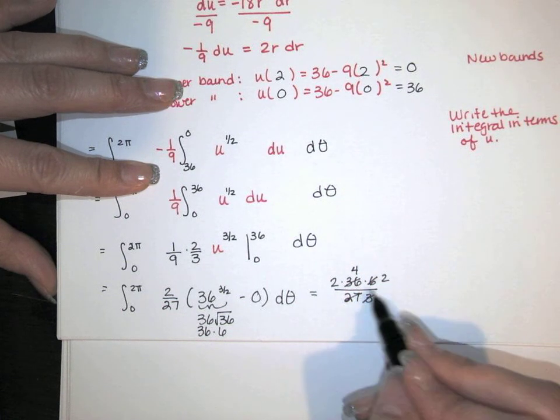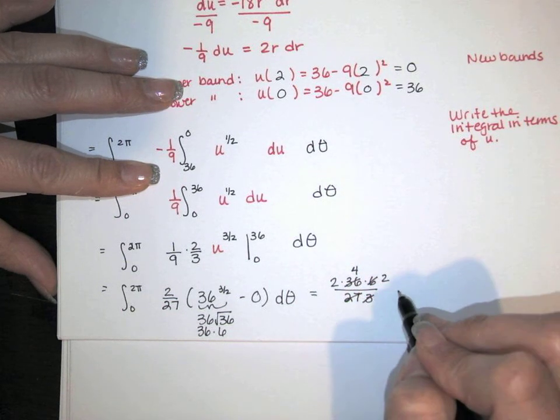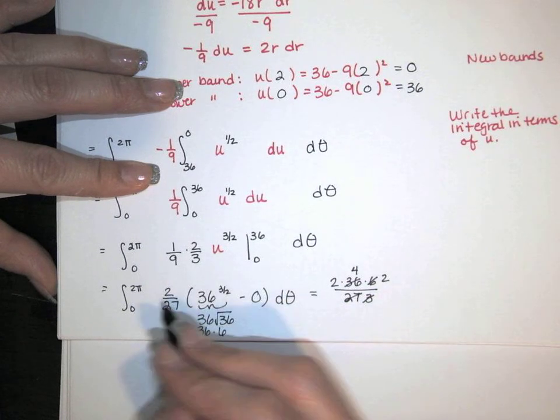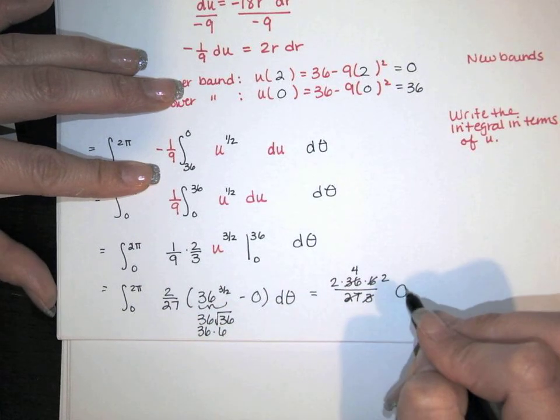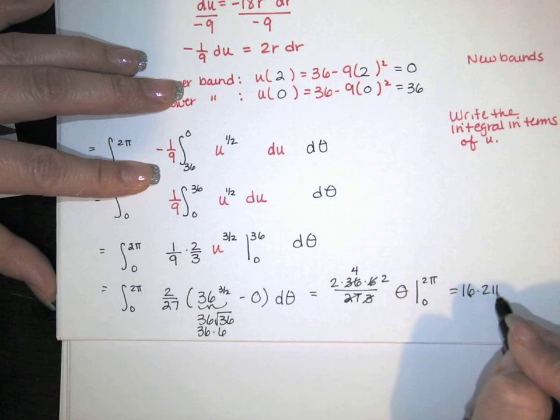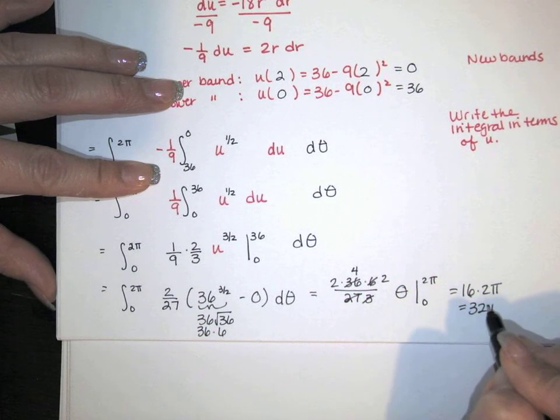So what do we get? Is that 4 times 4 is 16? So we have 16, and the antiderivative of a constant with respect to theta is that constant times theta. We evaluate from 0 to 2 pi. So we get 16 times 2 pi, which is 32 pi.